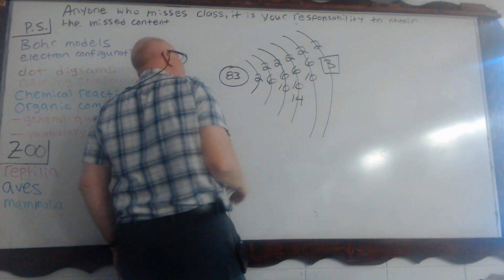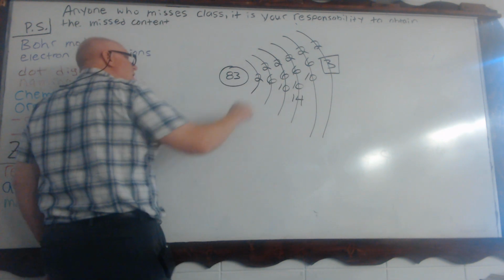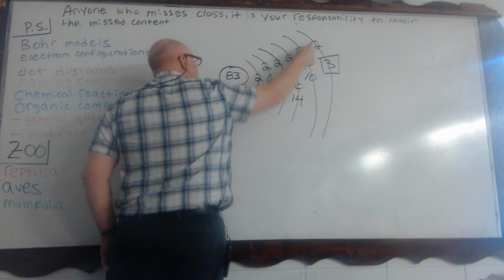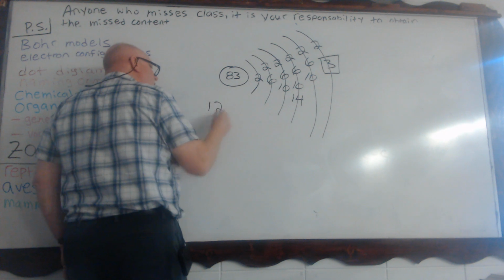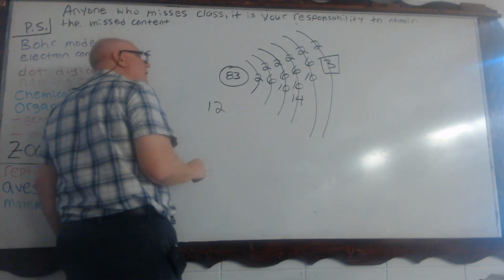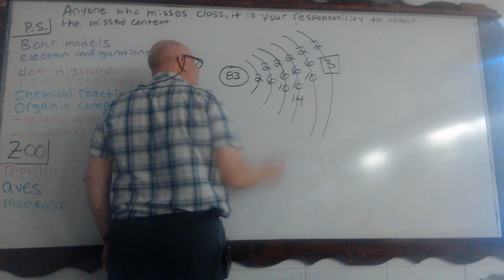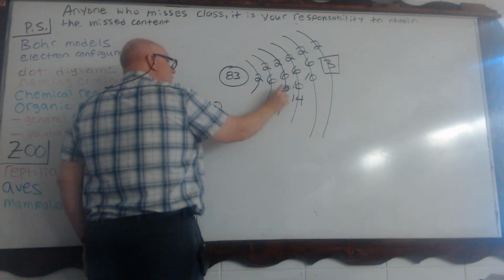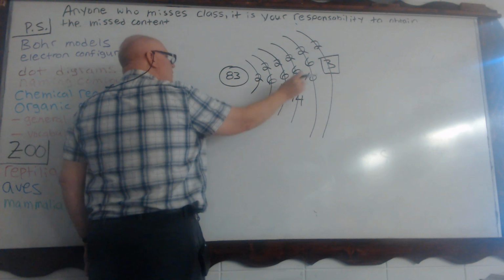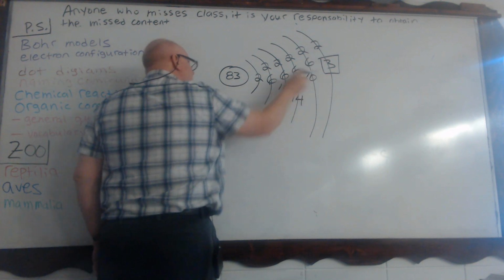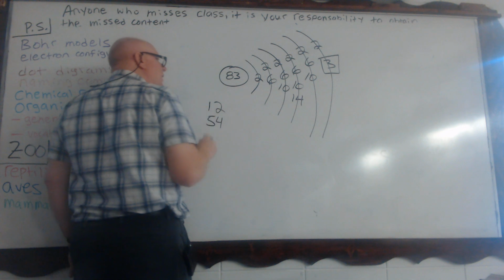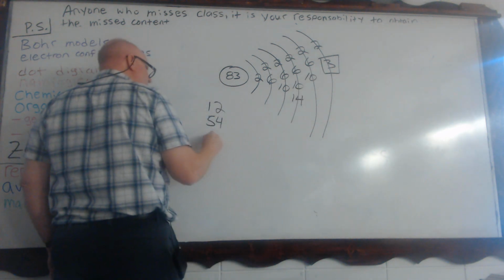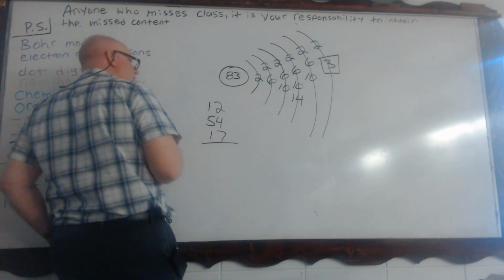You can always check your answers here. We count the number of 2s: 1, 2, 3, 4, 5, 6. 6 times 2. Then let's knock our 6s out: 1, 2, 3, 4. 4 times 6 is 24 plus 10, 34, 44, 54. And then we just have 14 and 3, which gives you 17.